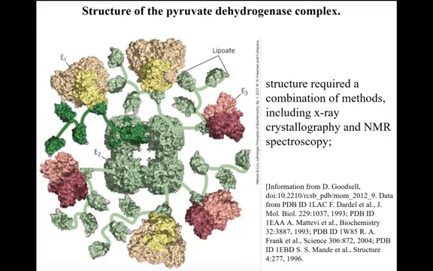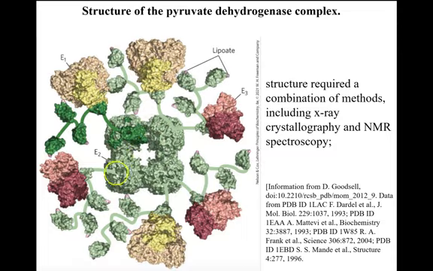And this is just the structure of this pyruvate dehydrogenase complex, which was determined using a combination of methods, including X-ray crystallography and NMR spectroscopy.